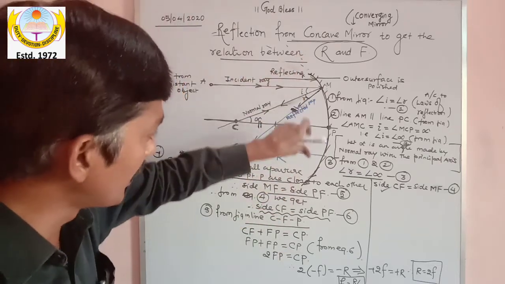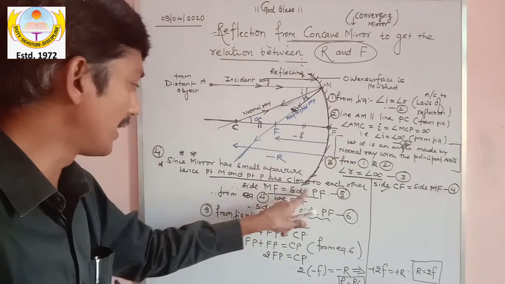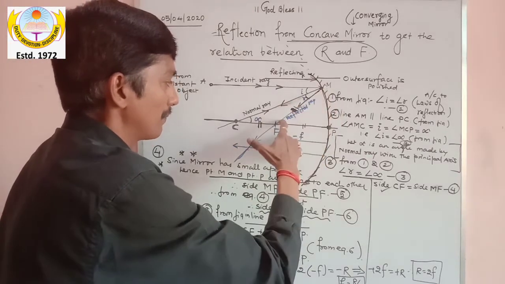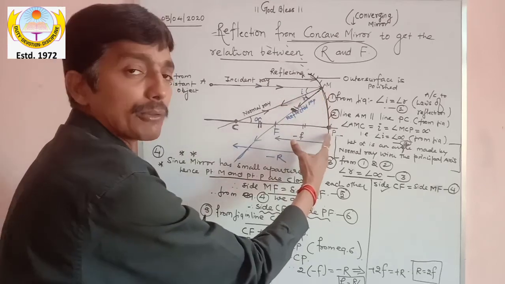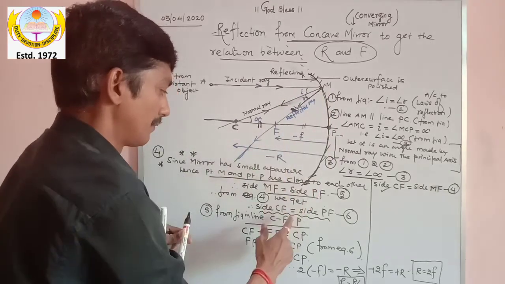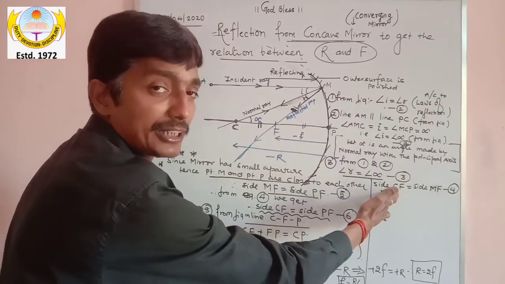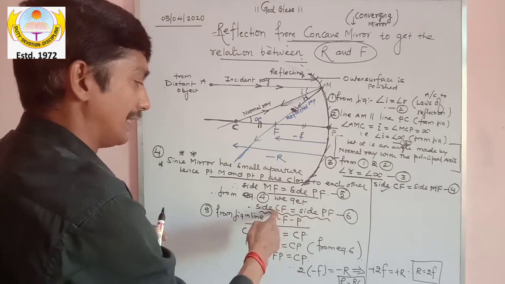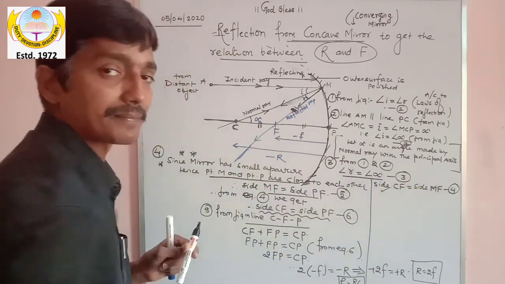So if aperture is very small, M and P are very close to each other. So what will happen to that? If the distance MF, since M and P are very close, then the distance MF will become equal to distance PF, which I have written here. And then, since earlier also MF is equal to CF, so from equation 4, we will come to know that PF and CF are equal, because MF is equal to CF in this equation.